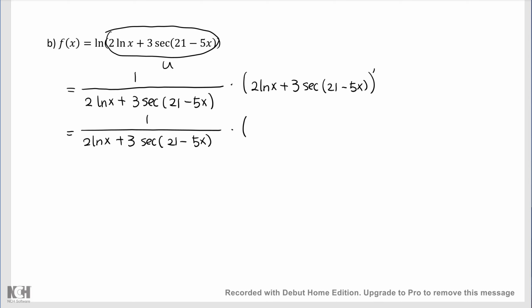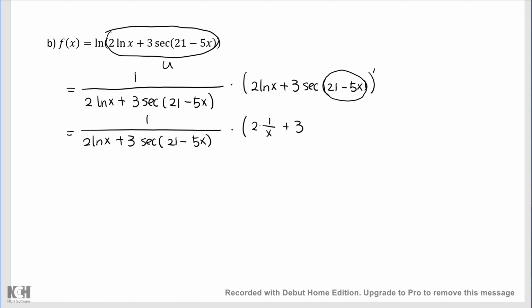Here, for the derivative of 2 ln of x, the 2 stays here, and the derivative of ln of x is 1 over x, and the 3 stays here. The derivative, see, this is secant of something. Remember, taking the derivative is like peeling off the onion, right?